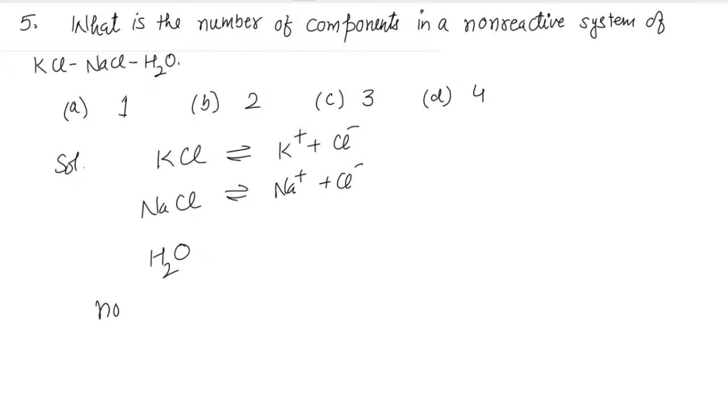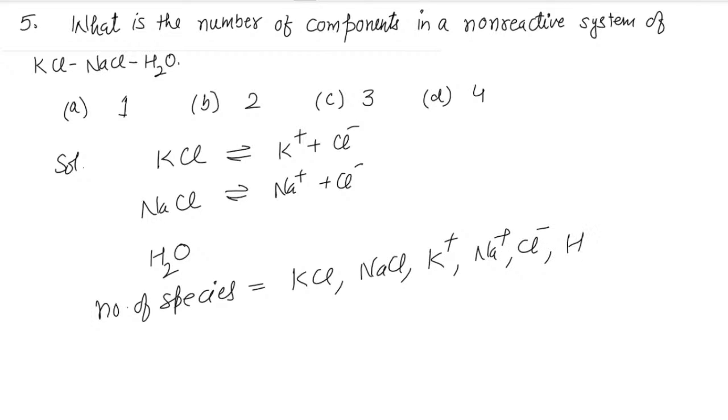So number of species is KCl, NaCl, K plus, Na plus, Cl negative, water. So number of species are 1, 2, 3, 4, 5, 6. Number of species are 6, and number of equations 2.